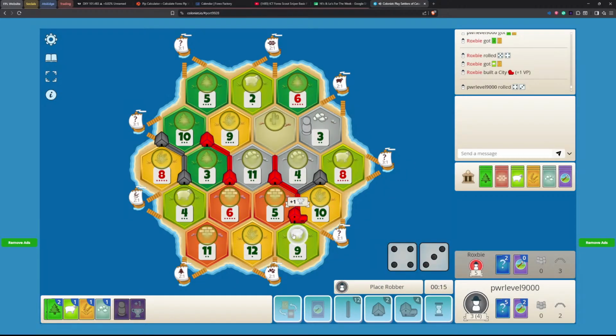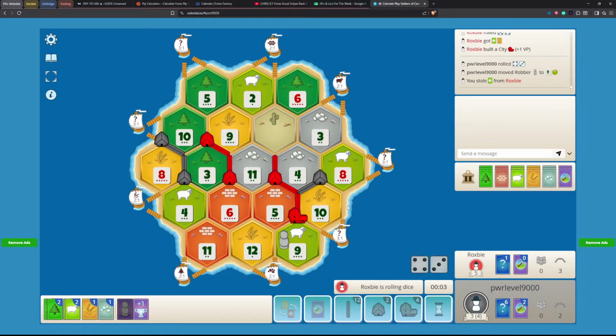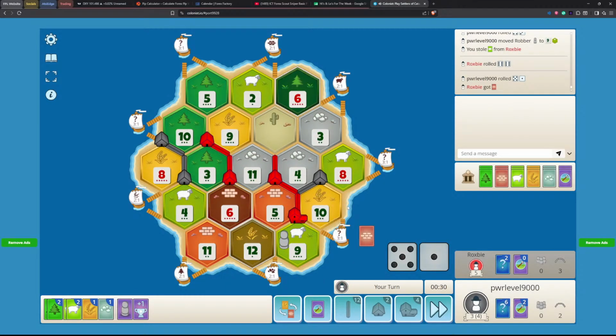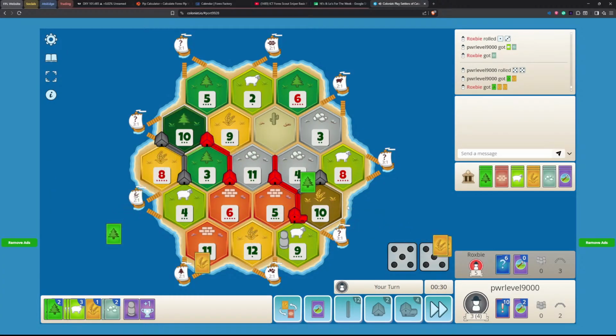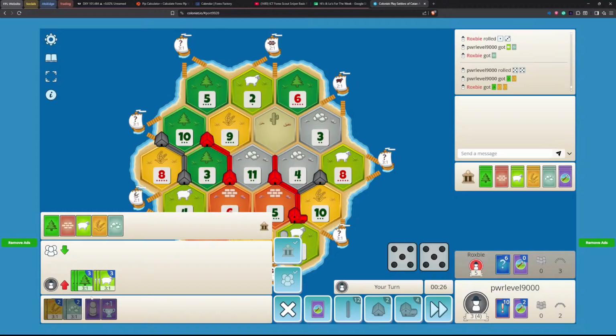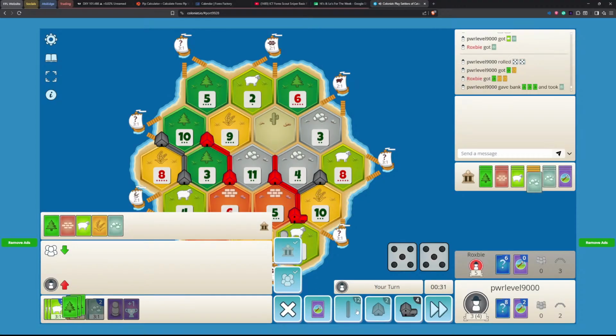It's gonna be tough though because he has everything. There's no sheep. Let's take it. We have a 3-to-1 as well. So we can use this to get this.